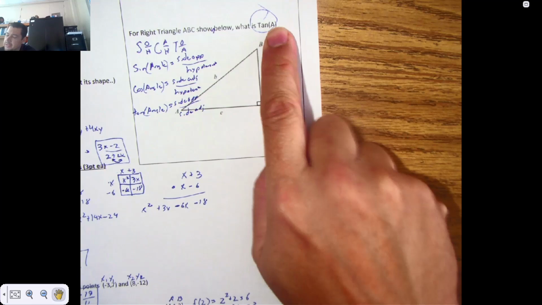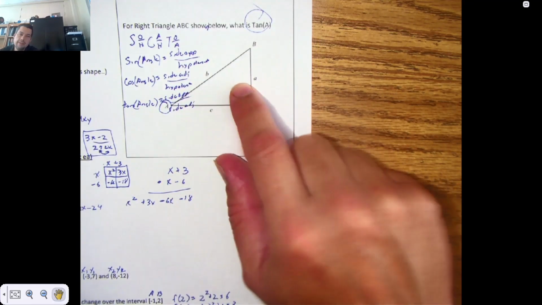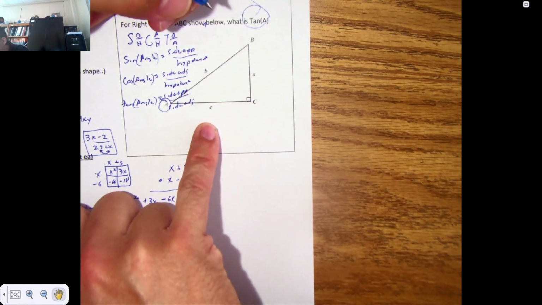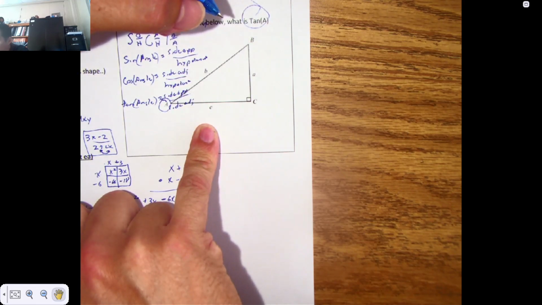Well, now I've drawn all over my triangle, they are interested in angle A. This is what I'm doing. So I'm going to label everything in reference to angle A. Side C, wow, this is wrong. Whatever. That's kind of odd they did this, but whatever.